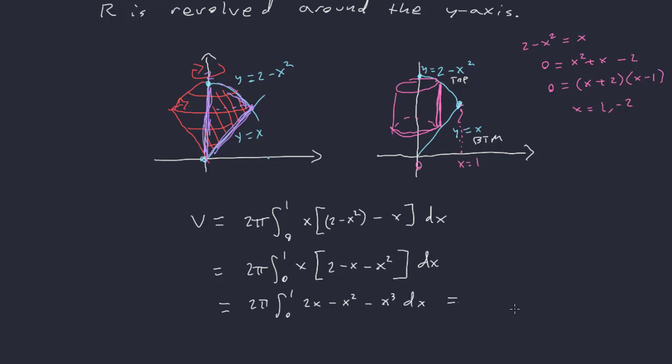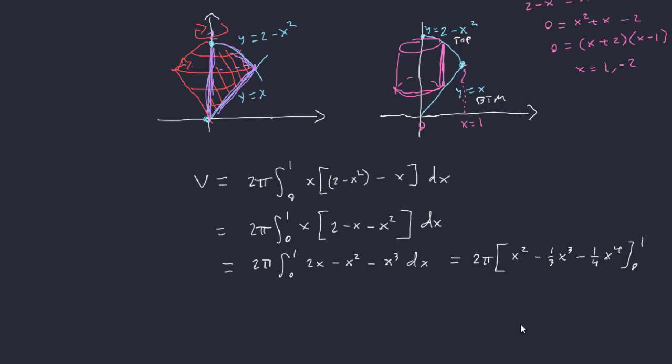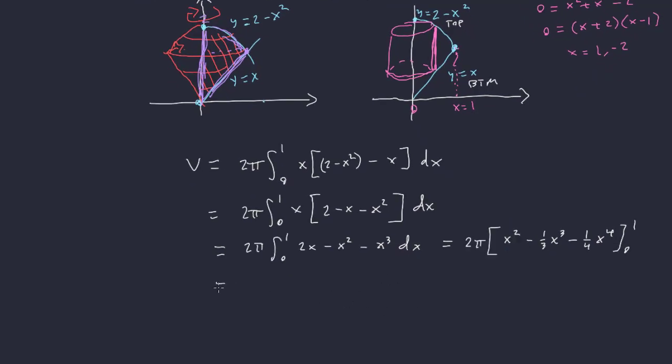All right, then we calculate this, or integrate. Don't forget your 2 pi, but you'll get 2 pi times x squared minus 1/3 x cubed minus 1/4 x to the 4th. And we'll evaluate that from 0 to 1. Okay, so it'll be 2 pi, and really we can just plug in the 1.